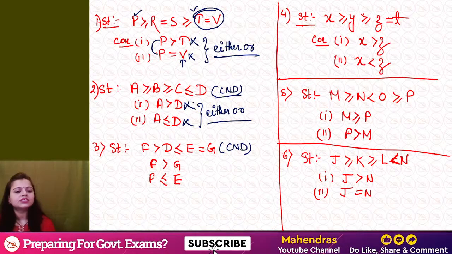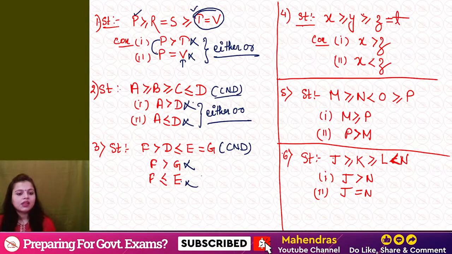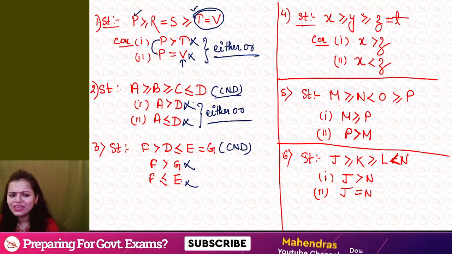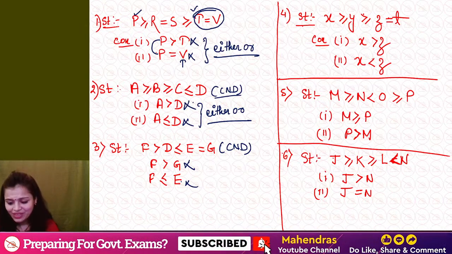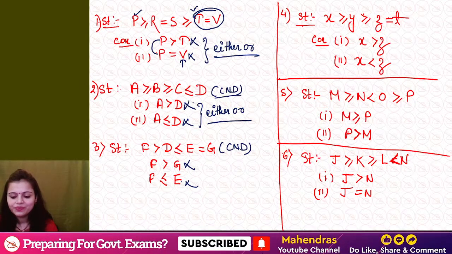So from first, F and G, C and D now. Individually wrong. F and E, again C and D. Again wrong. Now they are individually wrong. Just first tell me, are the elements same?